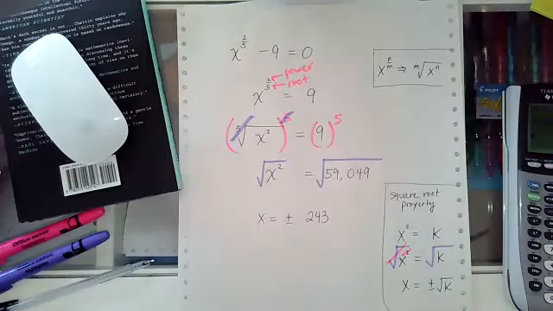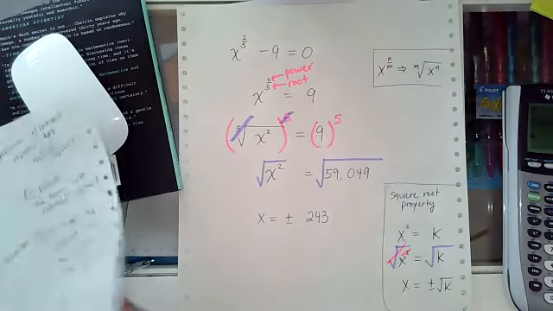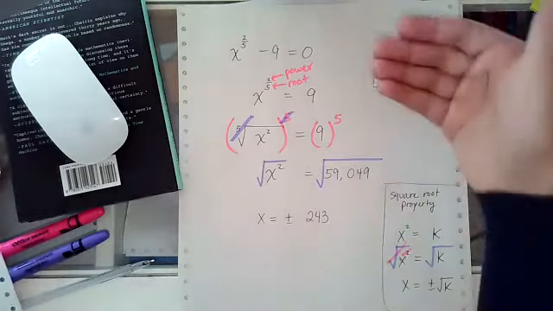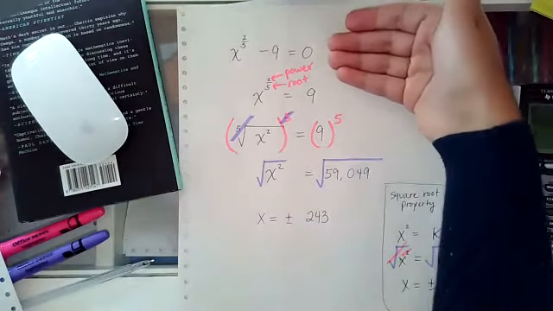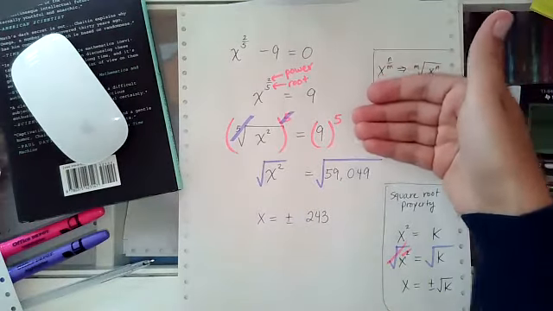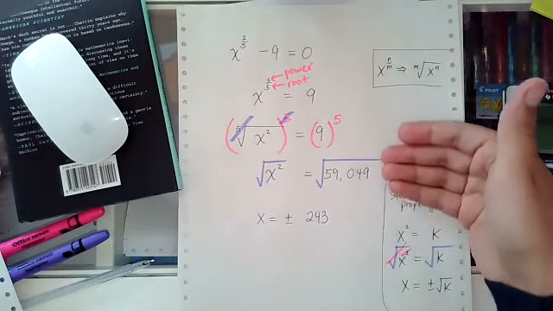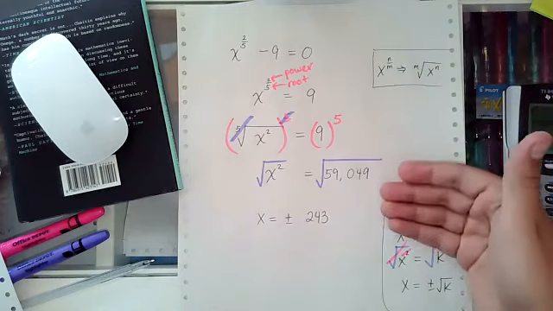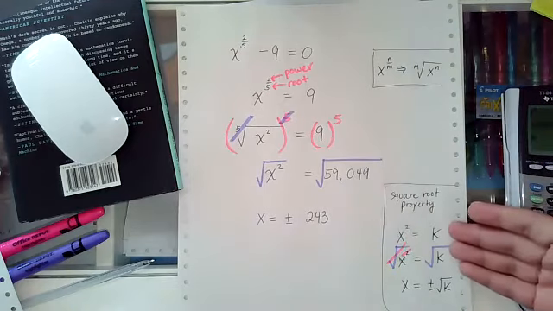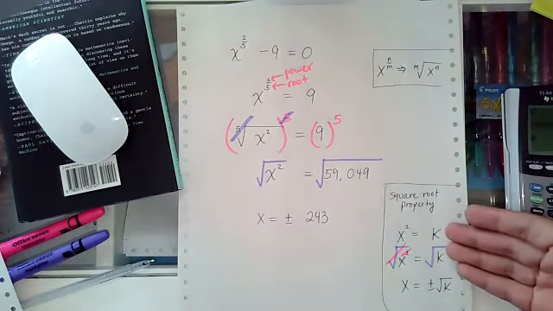Did that make a little bit more sense? It sort of felt like I threw it in there, right, when we worked it that last way. So here's the compromise that's being made. You can either solve it a little bit more slowly with more steps, and it sort of feels like logically it makes sense in a natural way because we're applying the square root property that we learned when we solved quadratics.